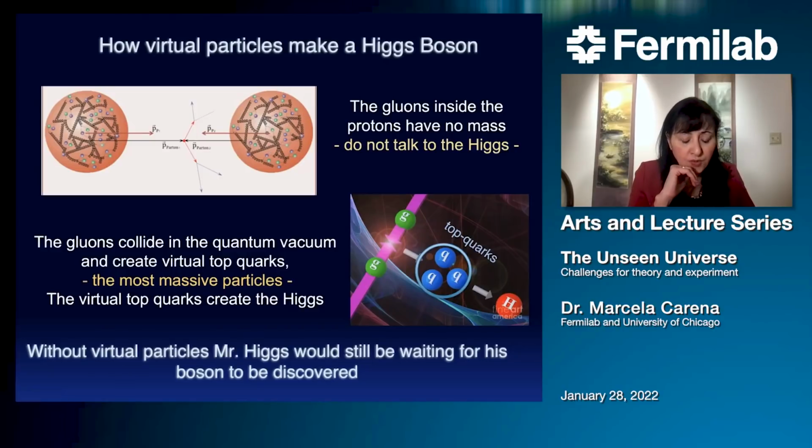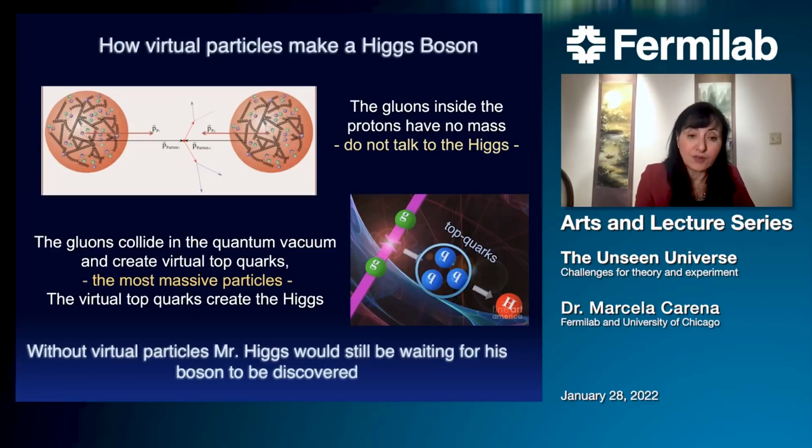So when we smash the protons, what really collides are 2 of the particles they are made of. So you could have thought that to make a Higgs boson, we need to collide 2 heavy particles, since they are the ones that talk the most to the Higgs. In reality, the particle's mass is one-to-one related to how much they talk or connect to the Higgs.